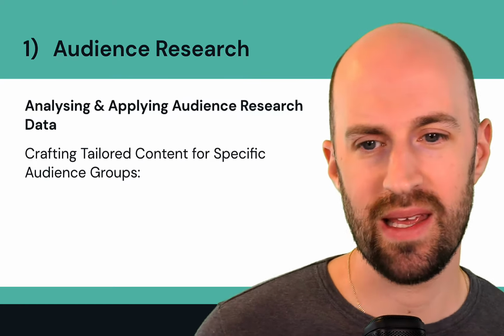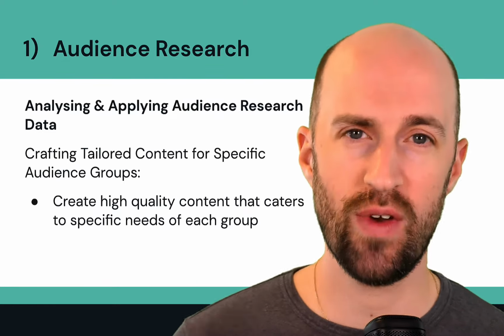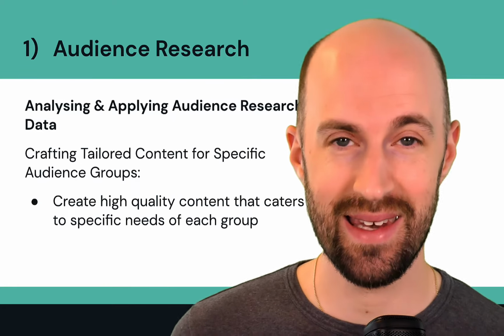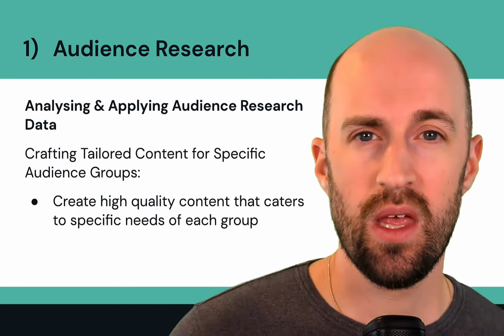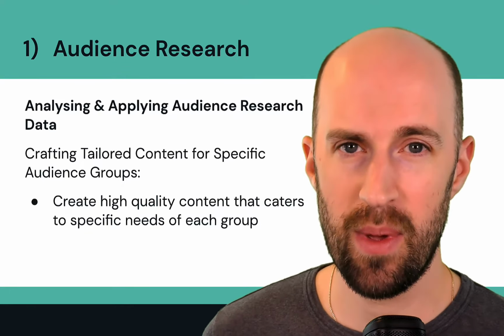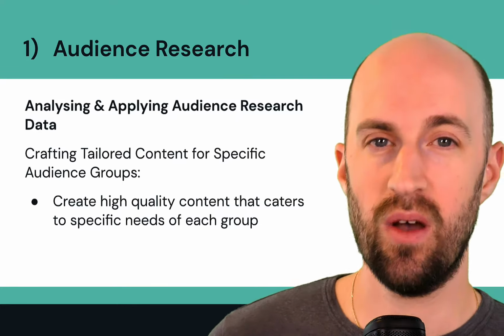Next is crafting tailored content for specific audience groups. This is where you would create high quality content that caters to each specific need of each group. So you would write an article about a topic that really aligns with, let's say, segment A of your audience.